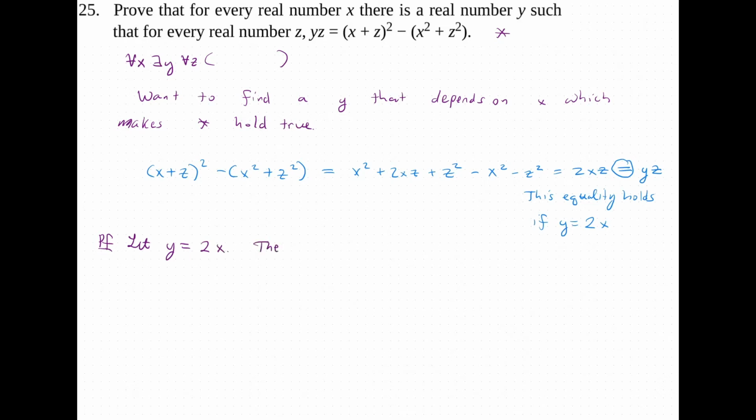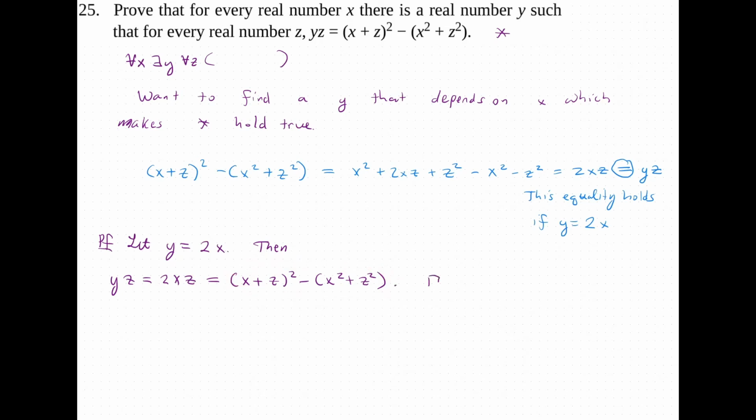Then we end up getting that yz is equal to 2xz, which in turn is equal to (x plus z) quantity squared minus (x squared plus z squared). And then we can go about expanding in the same manner and show that these are equal, or leave it as this, and we are done.